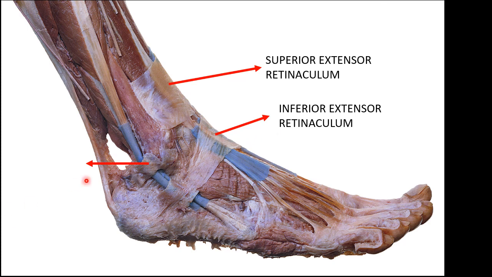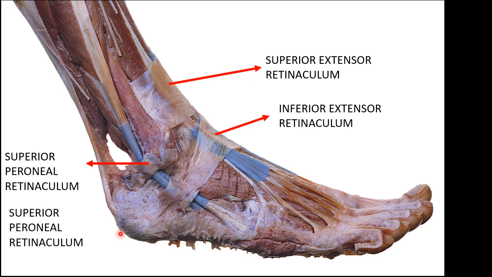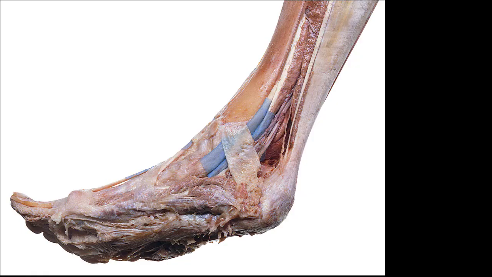Then laterally you can see the superior peroneal retinaculum and inferior peroneal retinaculum. This is the inferior peroneal retinaculum. The peroneus longus and brevis muscles run underneath the superior and inferior peroneal retinacula.